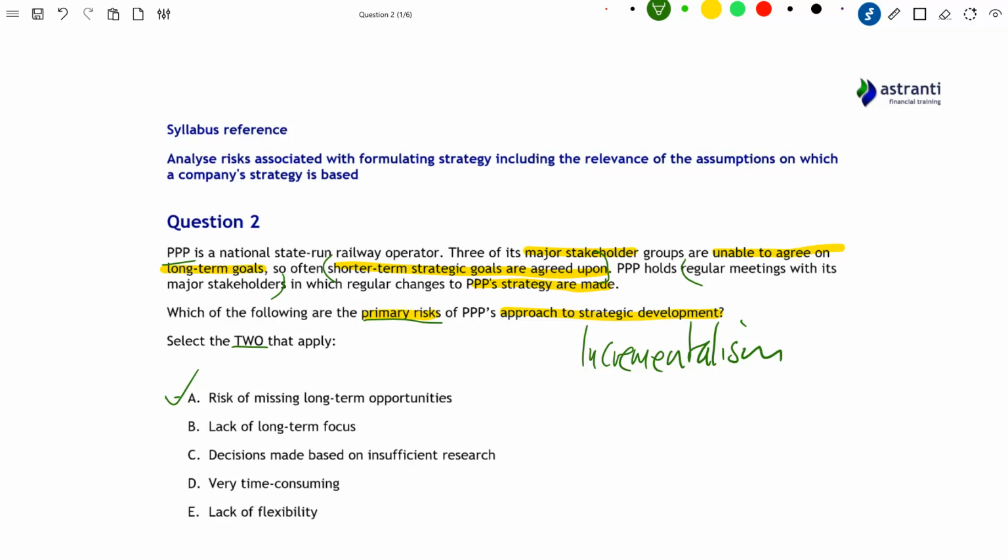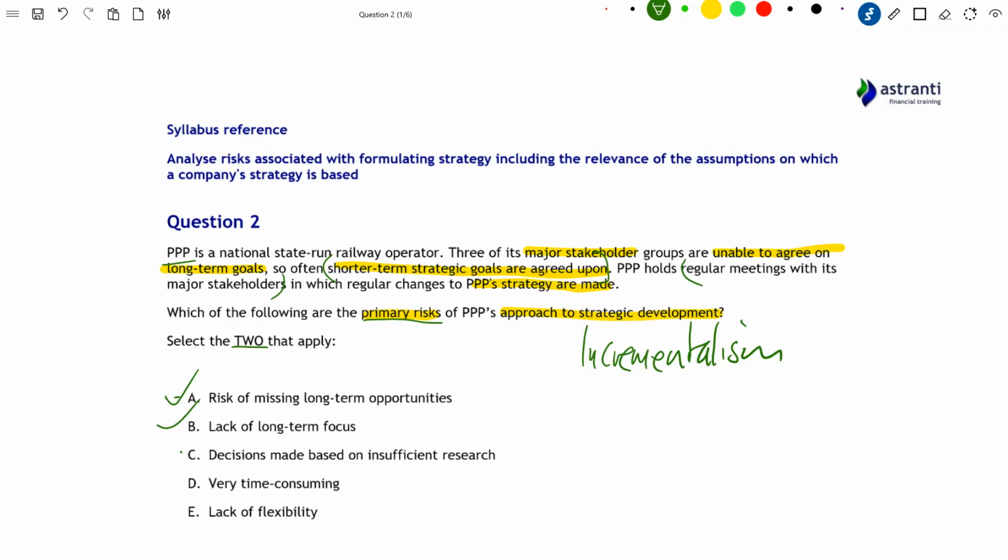Because once again, the stakeholders may not agree to short-term sacrifices that may well have bought long-term benefits. So there we go. We've got our 2 answers straight away. But now what we need to do is go through the rest of them to make sure that our logic is sound.